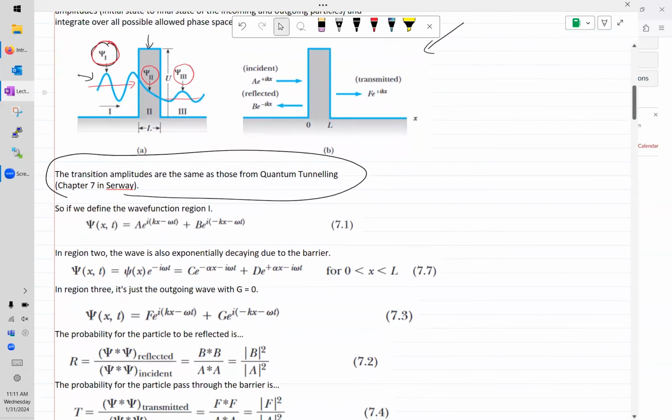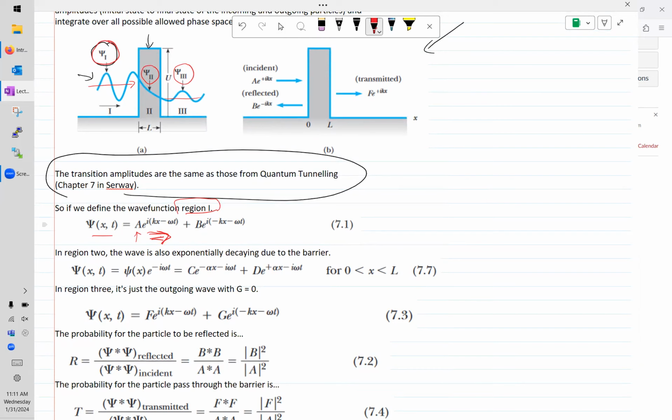So what we're going to do is define the wave function in region 1 as some wave function that has some amplitude A, propagating forward to the right. I'm going to draw a little arrow here. So e to the i(kx minus omega t). That hopefully is familiar to everyone.